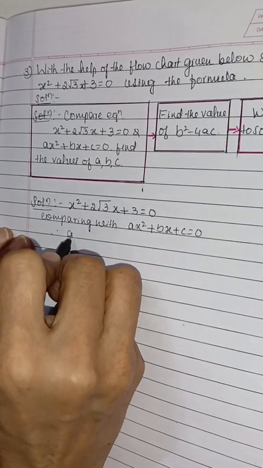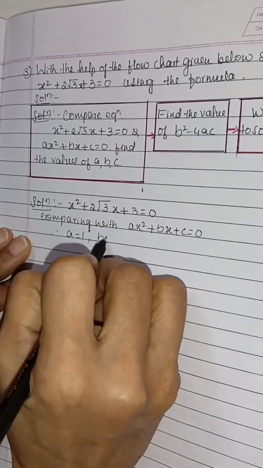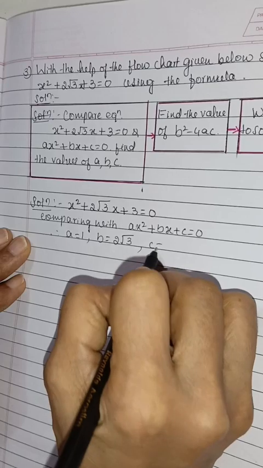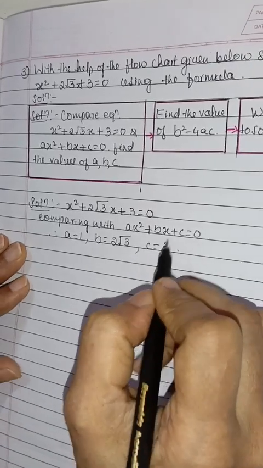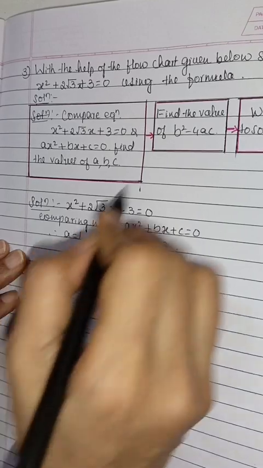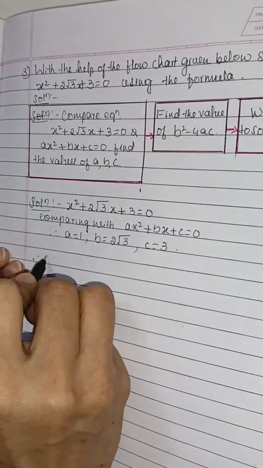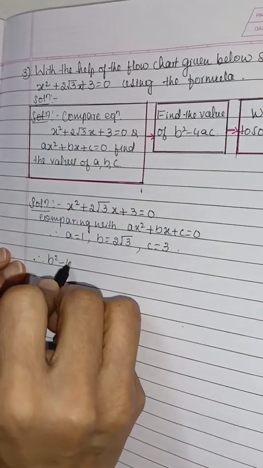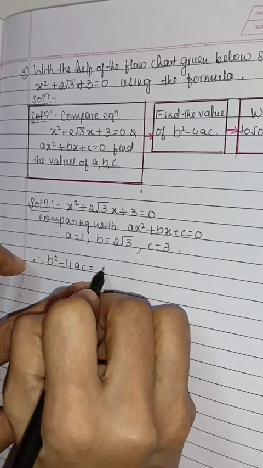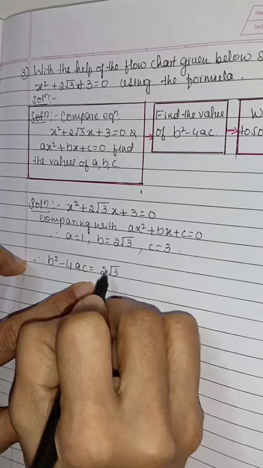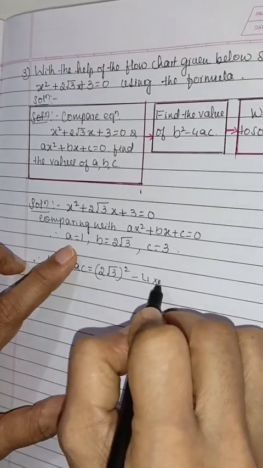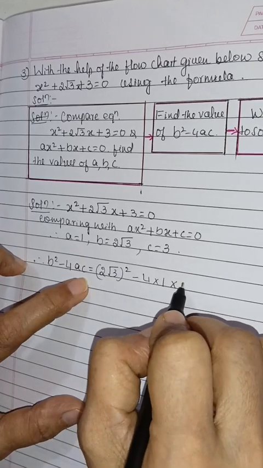Therefore a is 1, b is 2 root 3, and c is 3. Now find the value of b square minus 4ac. Therefore b square minus 4ac, that is b is 2 root 3 whole square, minus 4 multiplied by a is 1, c is 3.